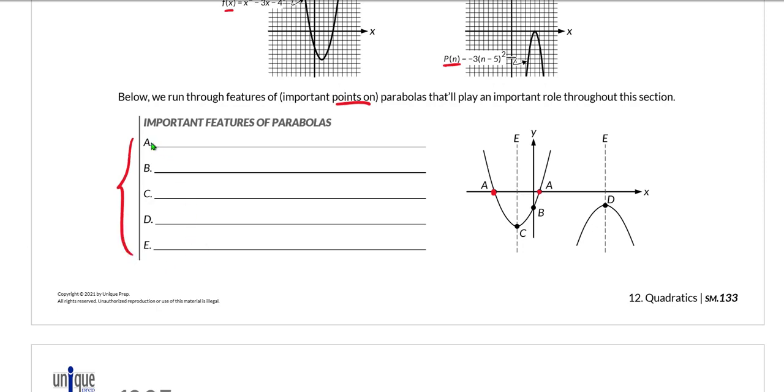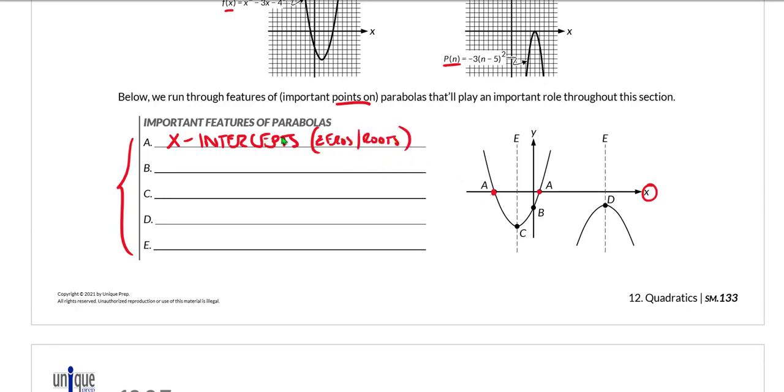Most of you should know what these points are called already. Those 2 points are, of course, the points at which the parabola hits the x-axis. So those are known as our x-intercepts. By the way, those are also synonymous with the zeros or roots of the parabola.